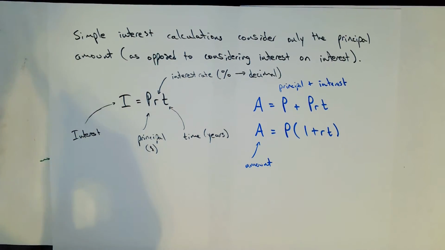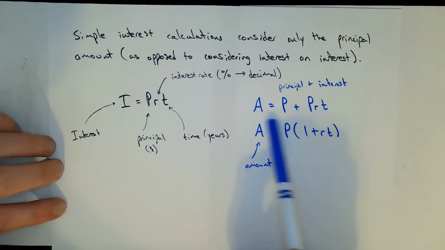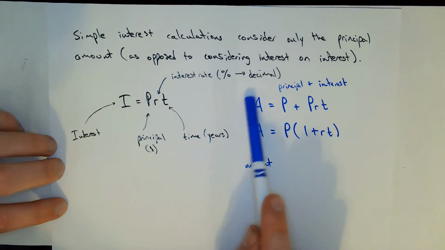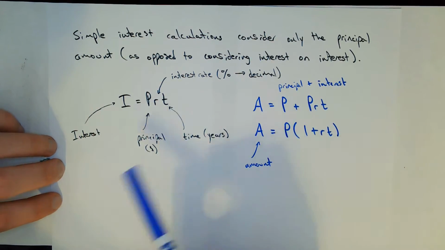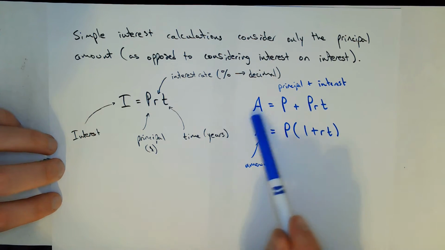So sometimes a problem might say find the interest on this principal for this interest rate. Or it might tell you to find the entire amount after the interest is added on. So that's all that's happening here. This is the interest, and this is the amount after the interest is added on. And all I did here was manipulate this equation.